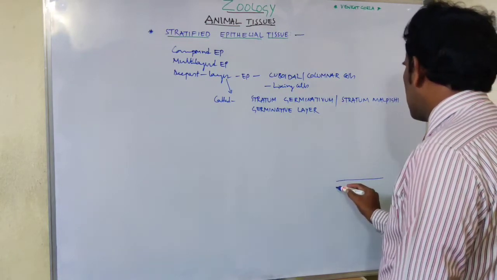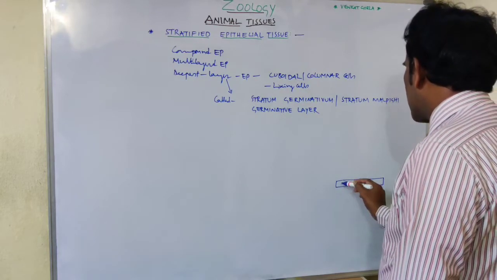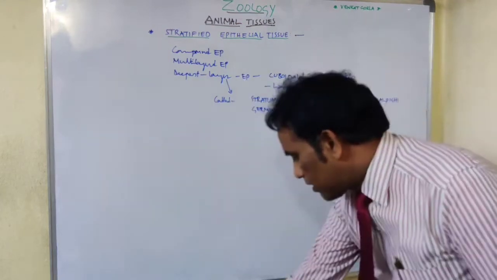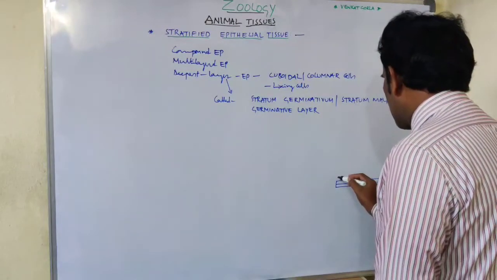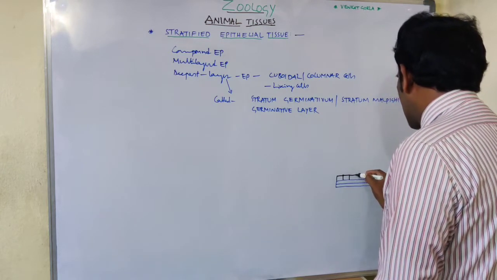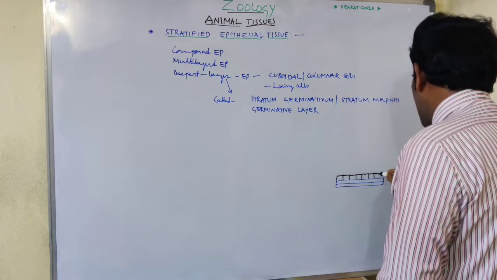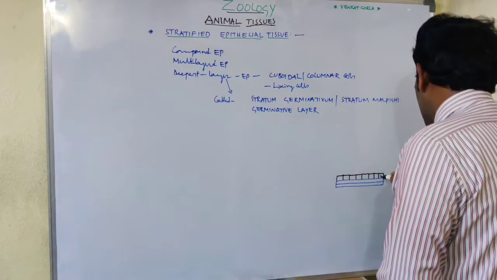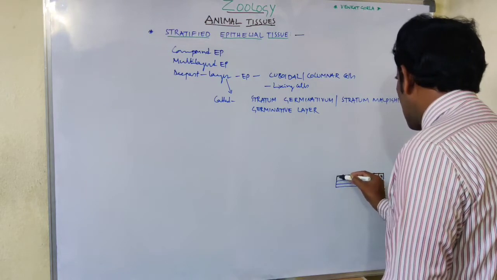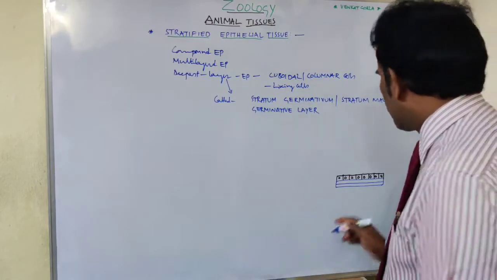So for example, this is the basement membrane, because this epithelial tissue is lying upon the basement membrane. The deeper layers of the cells consist of cuboidal cells or columnar cells, in most cases cuboidal cells.